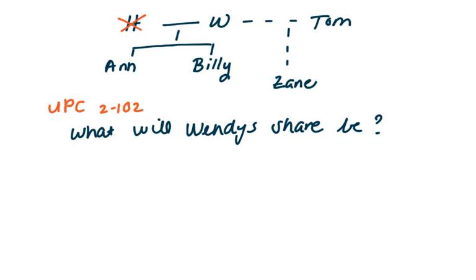Now, assume that the estate that Howard left is worth $1 million. If you take a look at UPC 2-102 and apply that, you'll realize that Wendy's share is $225,000 plus half of the remaining assets.